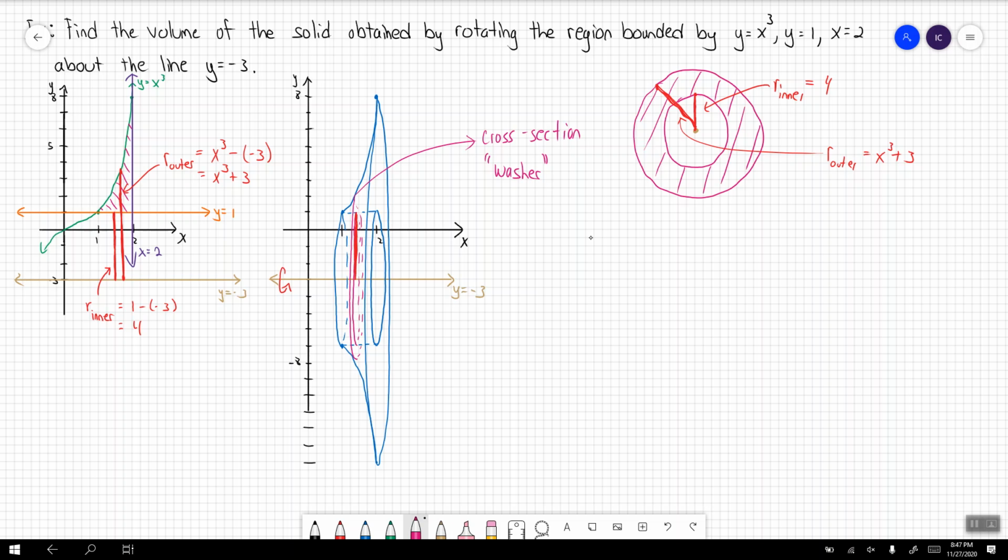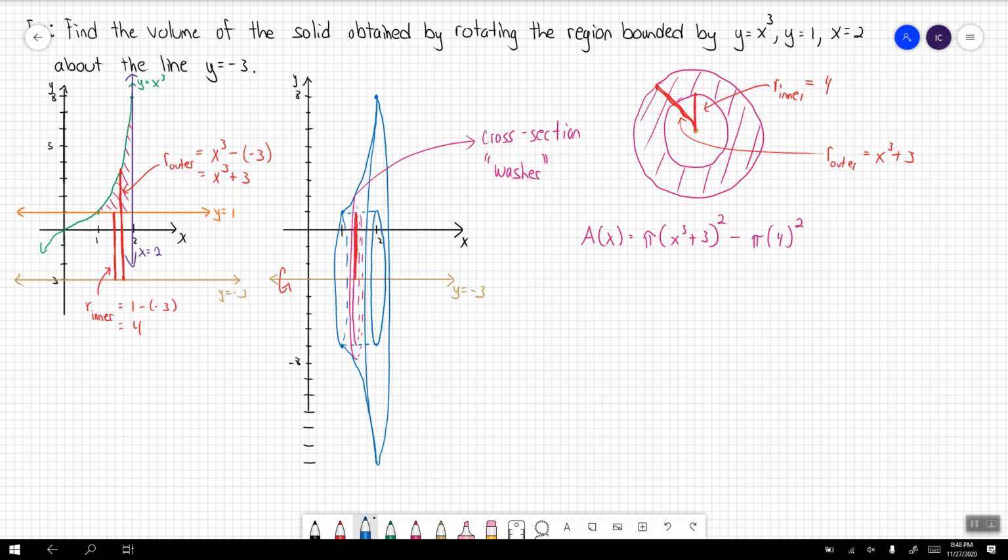So the area of this cross section is going to be the area of the outer circle. We said the outer radius is x cubed plus 3. So this is pi r squared minus pi r squared from the inner, as such.